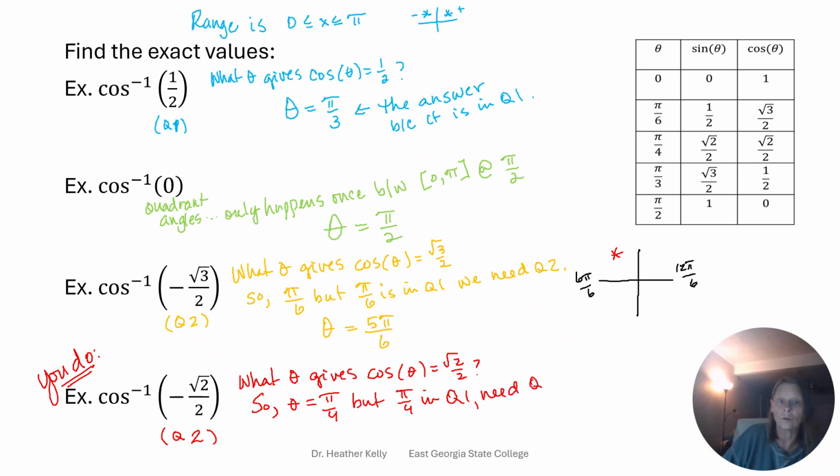Need quadrant 2. So I'm just going to use this guy again. This is 8 pi over 4, and this would be 4 pi over 4. So to get to quadrant 2, we need to subtract a pi over 4 from that. So theta is equal to 3 pi over 4. Okay? All right.